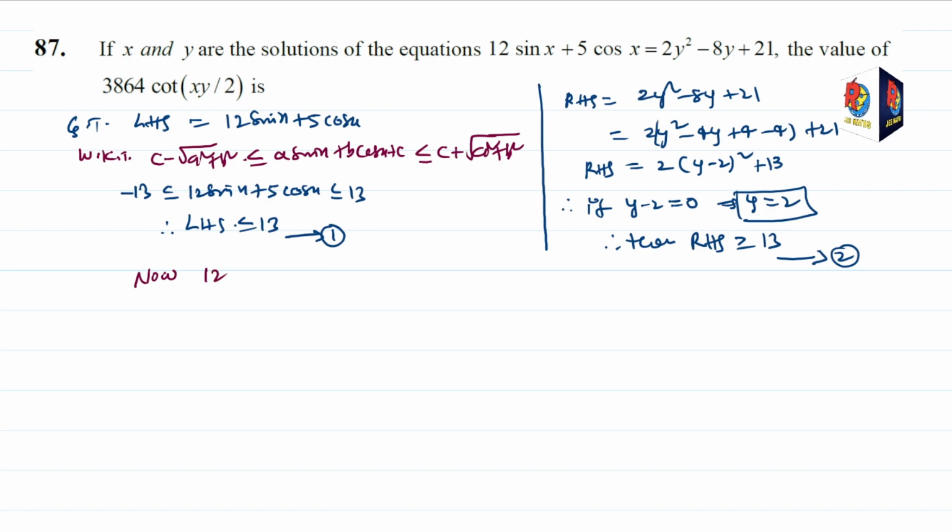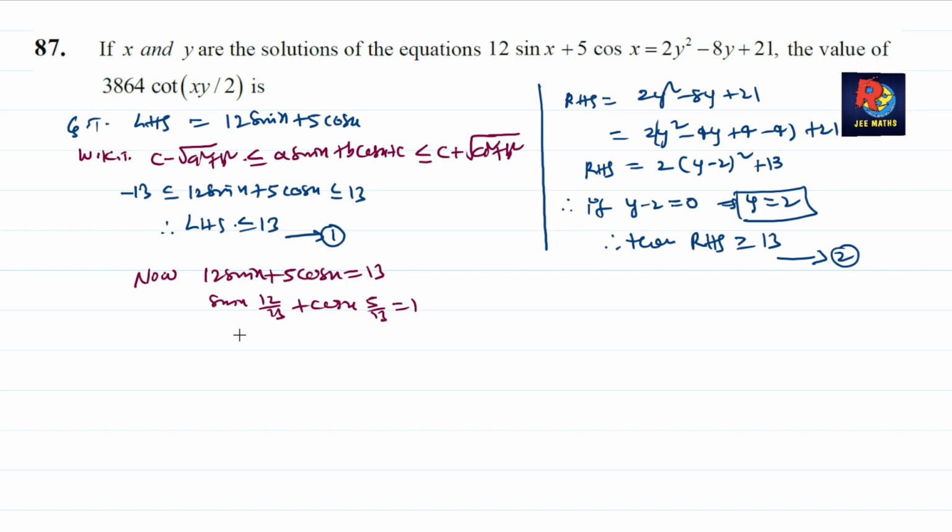Now 12 sin x plus 5 cos x is equal to 13. So sin x into 12 by 13 plus cos x into 5 by 13 equals 1. So sin of (x plus alpha) equals 1, where sin alpha equals 5 by 13 and cos alpha equals 12 by 13.